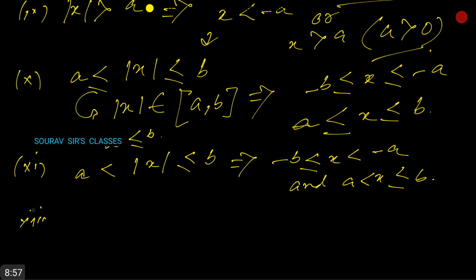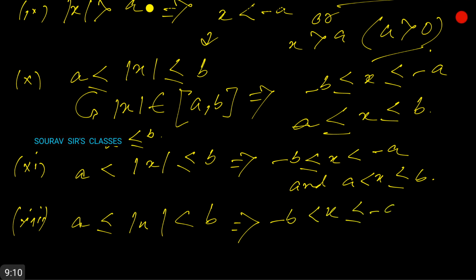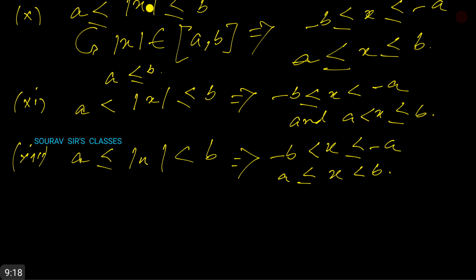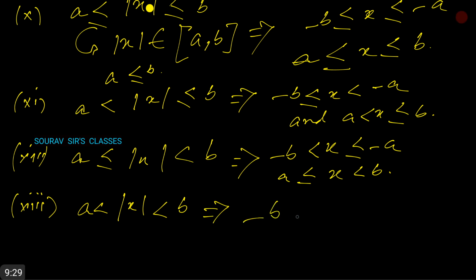And property number 12 states that if a is less than or equal to x less than b, this implies minus b less than x less than or equal to minus a, and a less than or equal to x less than b. And property number 13 is that if a less than or equal to x less than or equal to b, this implies minus b less than or equal to x less than or equal to minus a, and a less than or equal to x less than or equal to b.